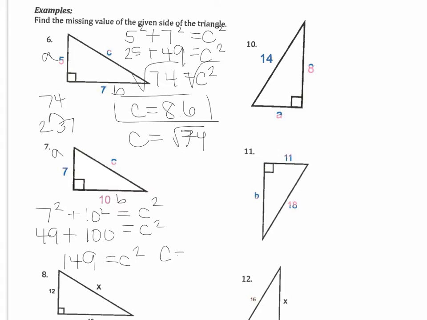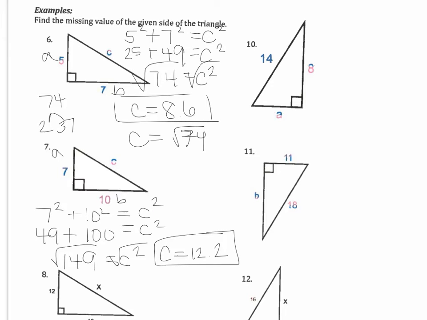So C equals 12.2. If I wanted to write this in simplest radical form, I would try to break it up. And it doesn't look like I can. Okay. So now let's jump over to number 10.